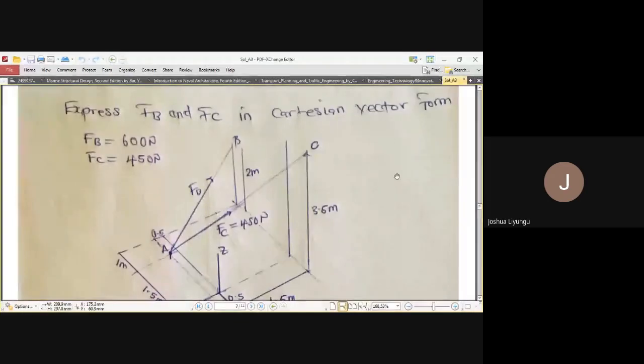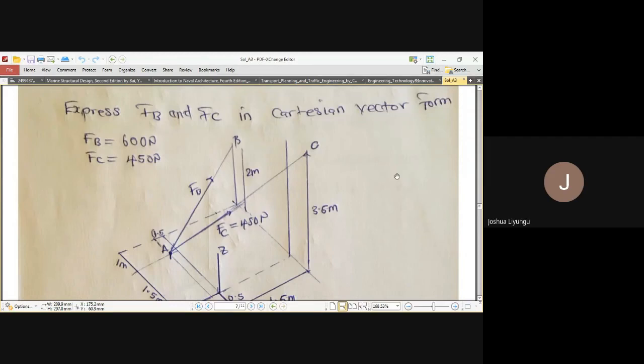How do you find the unit vector? You divide all the Cartesian components by the magnitude. But so far you have not told me how to calculate the magnitude. How are you going to divide by the magnitude when you have not yet calculated it?